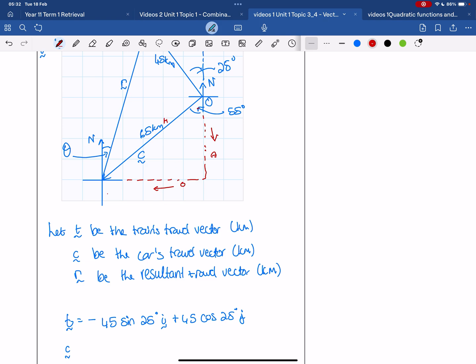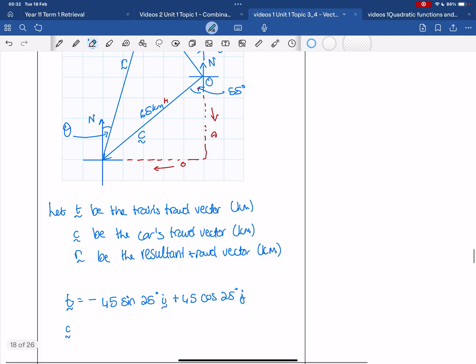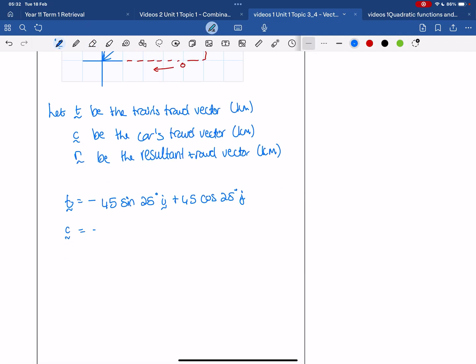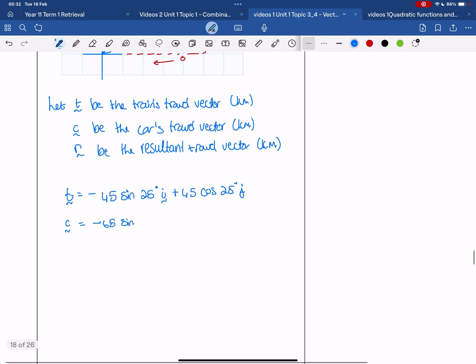So I have a sine ratio for my I component and a cos ratio for my J component. So C will be minus 65 sine of 55 degrees I minus 65 cos of 55 J.